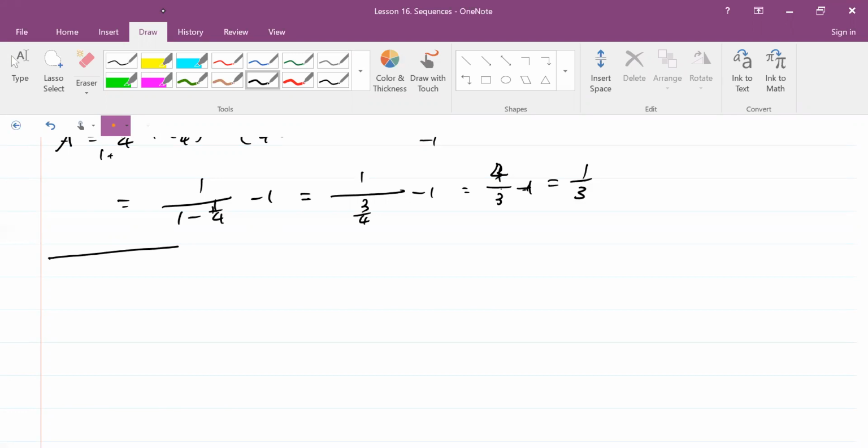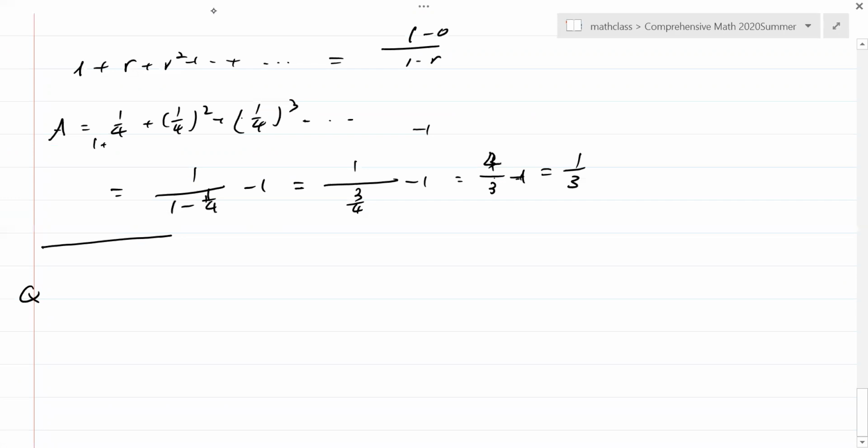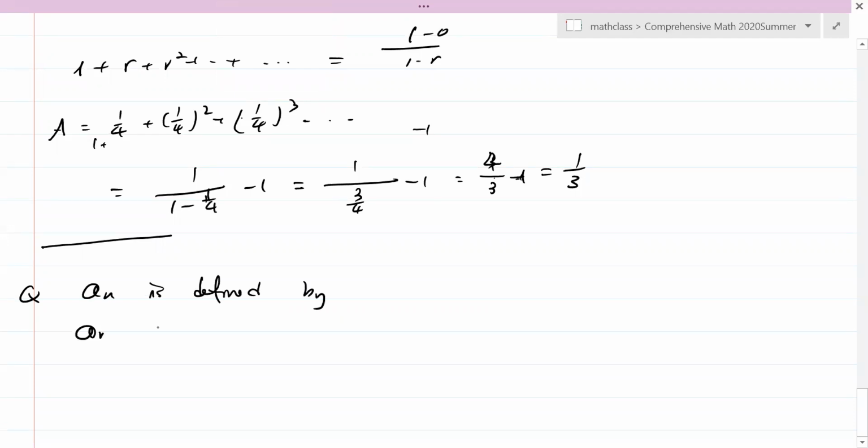All right, a sequence sometimes can be defined by some formulas. For example, a_n is defined by a_n equals a_(n-1) minus a_(n-2).